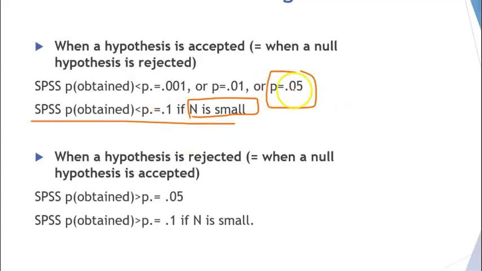So instead of 0.05, you will allow until 0.1. This is really an exceptional case, but it can happen. So in general, you can put a p-value less than 0.05. But if your sample size is so small, you can also think about modifying the p-value.